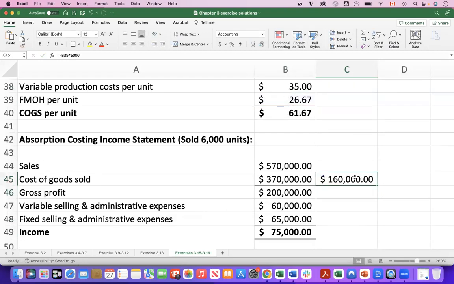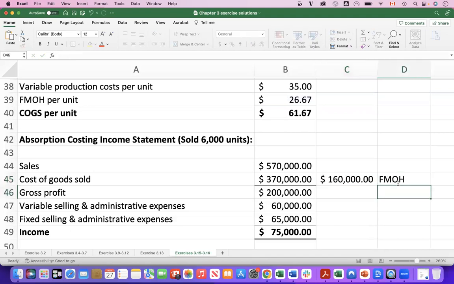that's 160,000. This is the amount of fixed manufacturing overhead that is embedded in cost of goods sold under the absorption costing approach. So in other words, the biggest difference between the two income statements is the amount of fixed manufacturing overhead expense incurred.